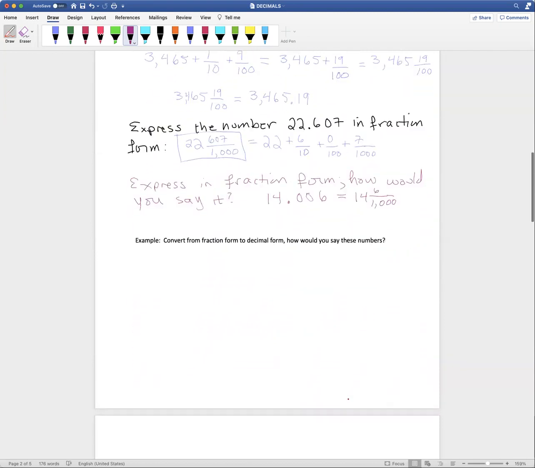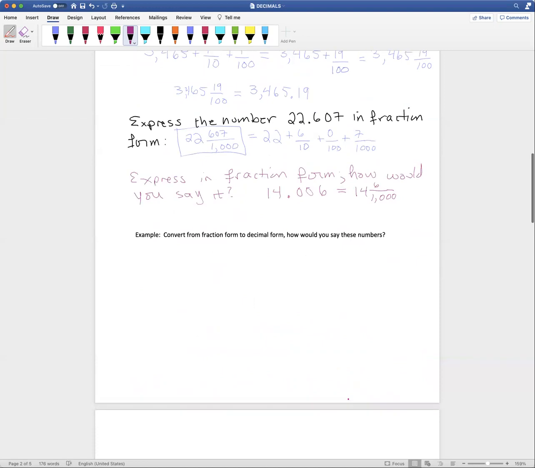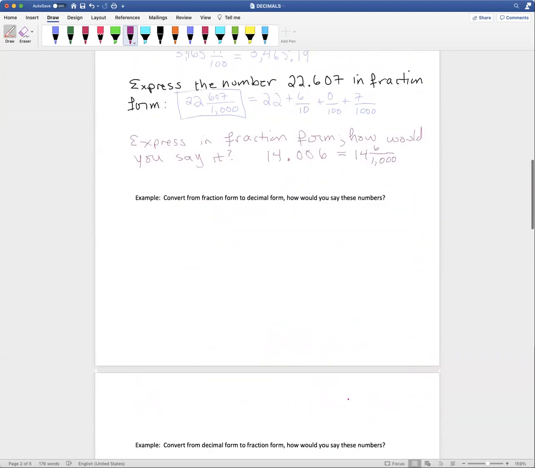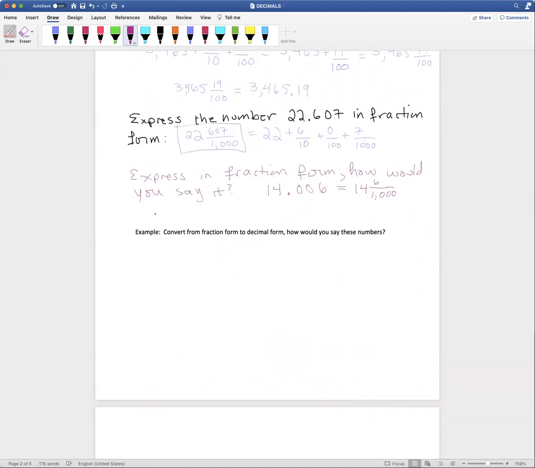So now let's go in the other direction. These examples say convert from fraction form to decimal form, and let's talk about how we would say these numbers. So example, express in decimal form. How would you say it?